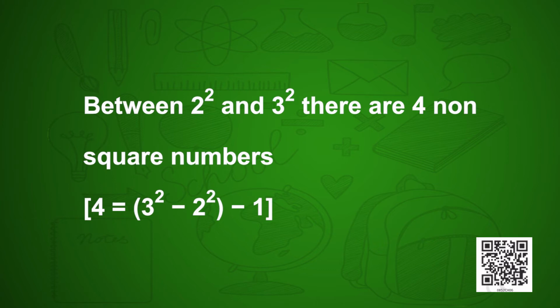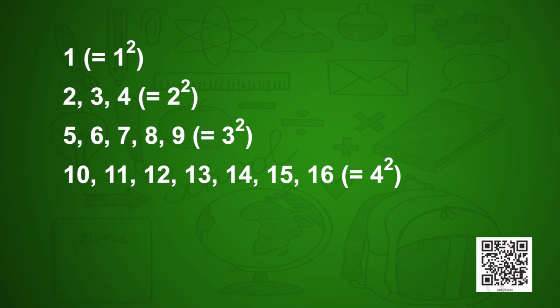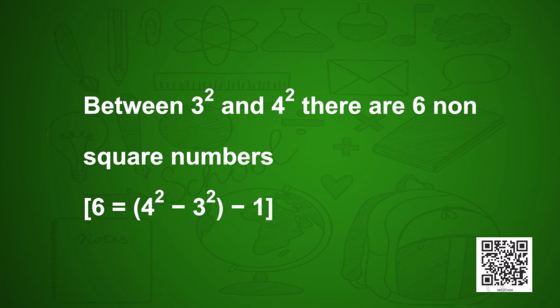Let us observe one more example. The next consecutive square numbers are 9 and 16, that is nothing but 3 square and 4 square. Between 3 square and 4 square, we have these non-square numbers 10, 11, 12, 13, 14, 15, which are totally 6 in number, and we can write this 6 as 4 square minus 3 square minus 1.